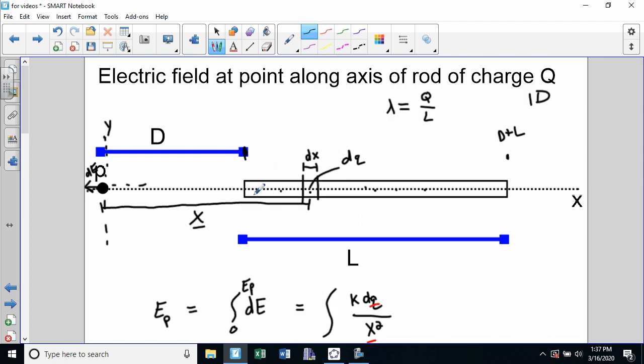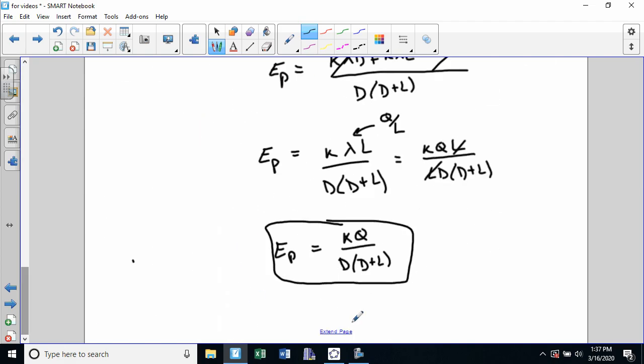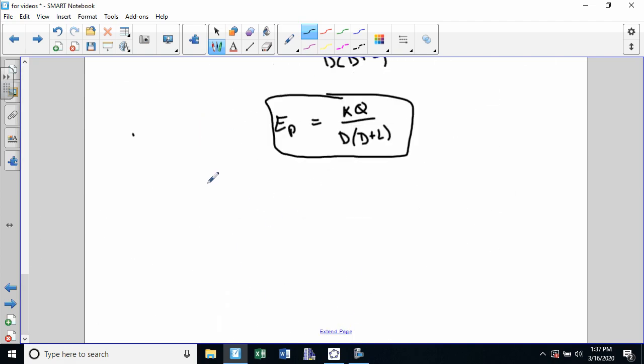So if I get really far from this bar, that would be when d is much greater than the length of this bar. When d is really, really big, especially compared to the size of this bar. So what I'm going to look at is d much, much greater than L, and let's look at the electric field at point P if I'm really far from the bar.